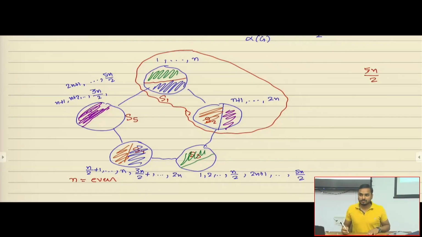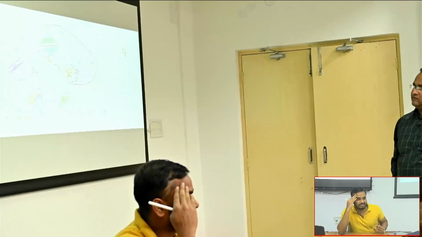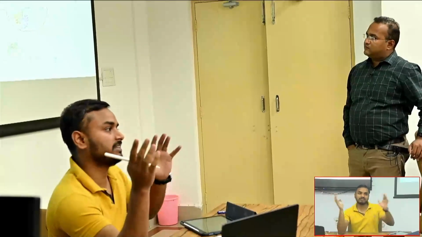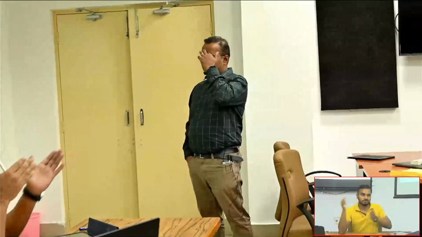So this one I am doing in general, so that's why it is a bit complicated. But what we are ultimately doing is just saving half the amount of colors.